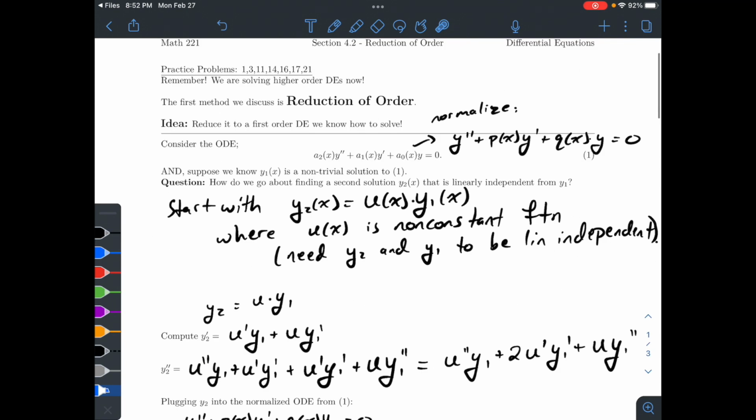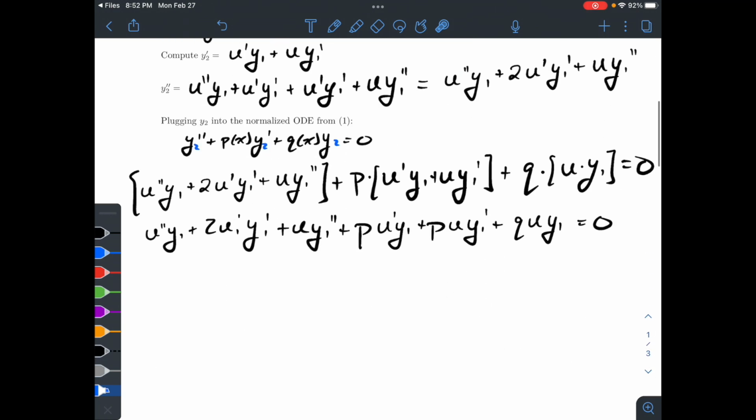So if I can find this showing up with y1s in places, or maybe a constant multiple of that, then we should be good. So we have u times q y1 showing up here. Pretty much everything here is multiplied by a u somewhere. So let's highlight some stuff. So this shows up there.